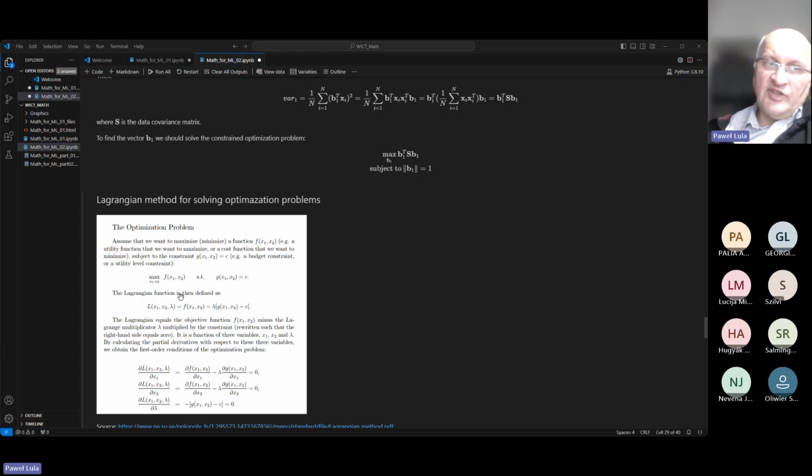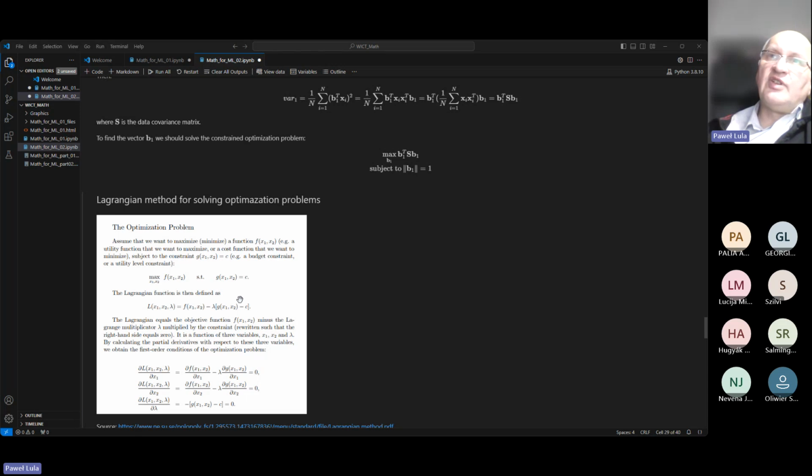Using this method, in which we are going to find parameters for which a criterion function will have the biggest value, and in which we have one constraint, one additional condition, it is necessary to define a function.